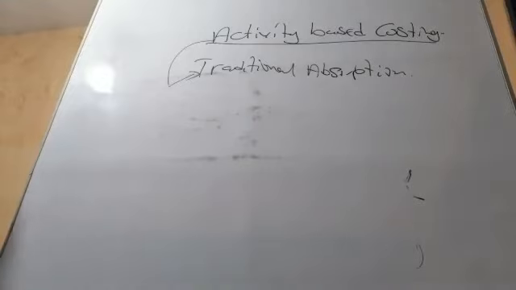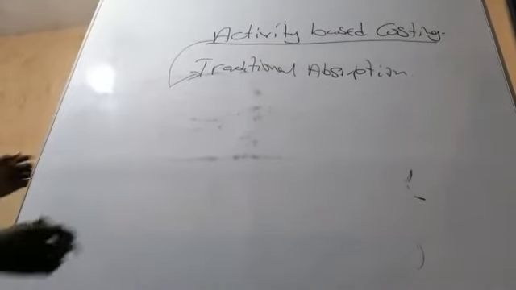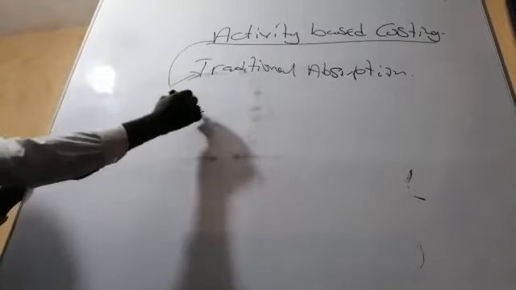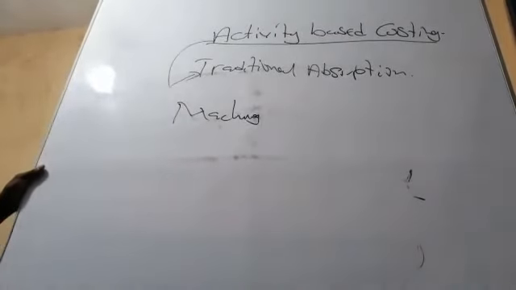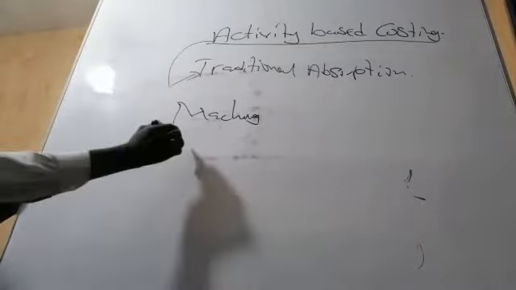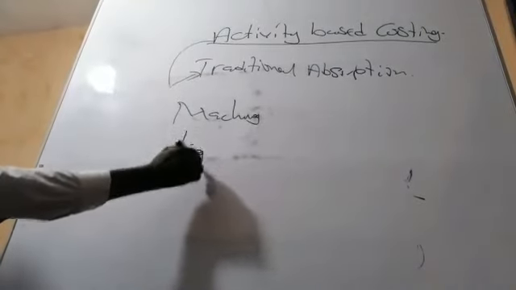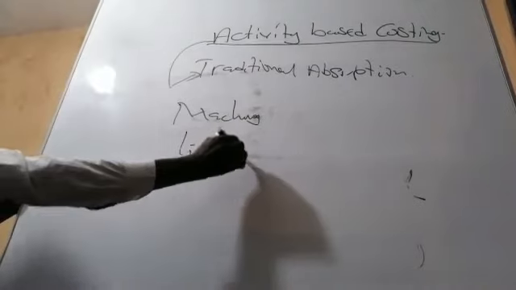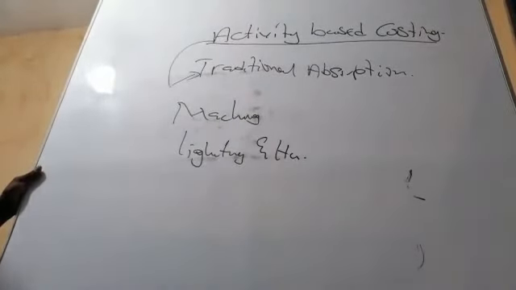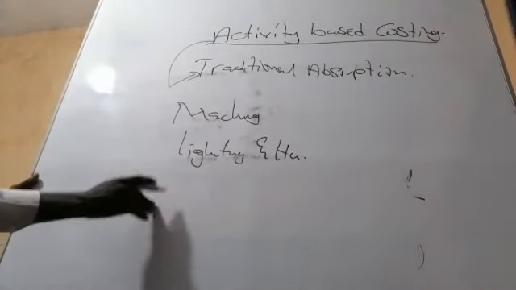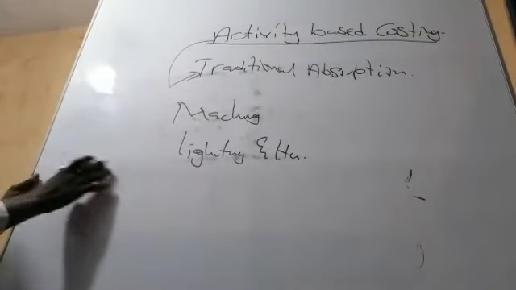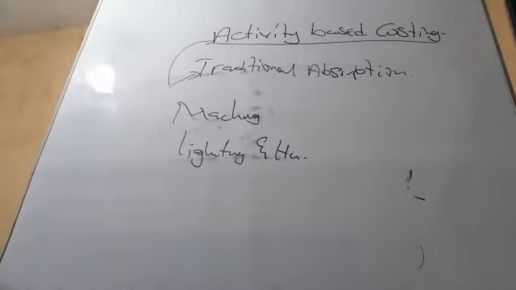Okay, now when I pick machine running cost, give me another activity. You mentioned lighting and heating, right? So lighting and heating. Repairs, repairs of what? Building running cost. Okay, I'll take that.